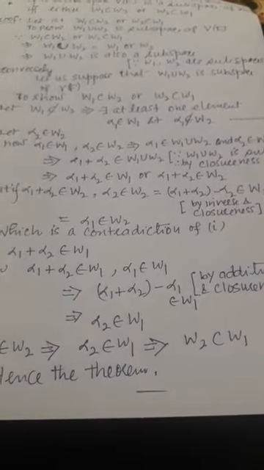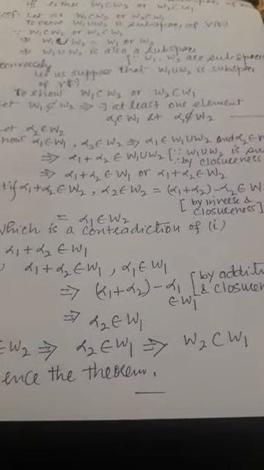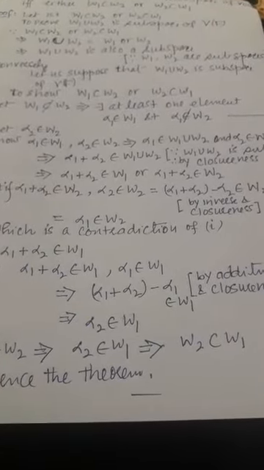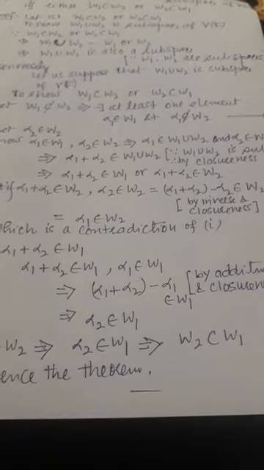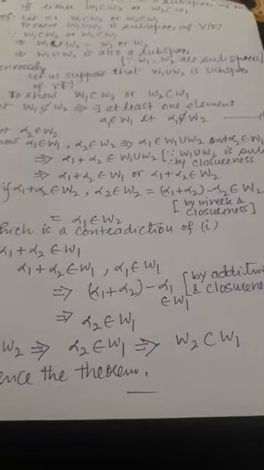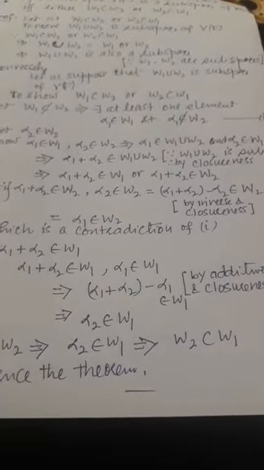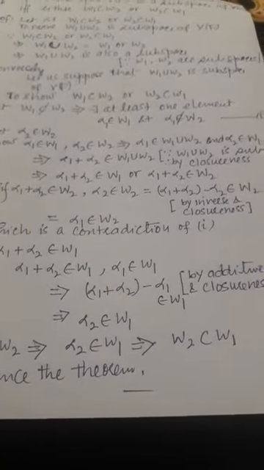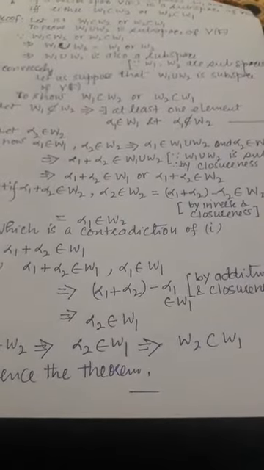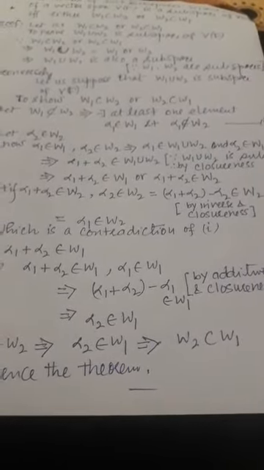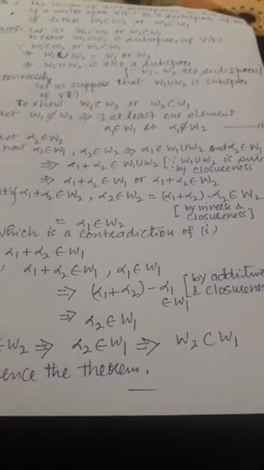which implies that alpha 1 plus alpha 2 belongs to the union of W1 and W2 by the closeness because the union of two subspaces is a subspace. So additive abelian group, so by closeness it is true, which implies that alpha 1 plus alpha 2 either belongs to W1 or W2.